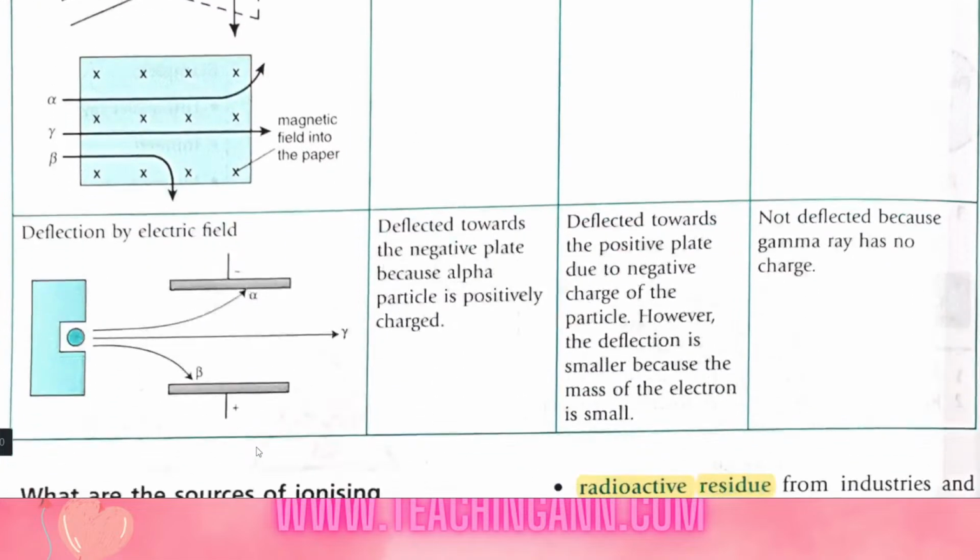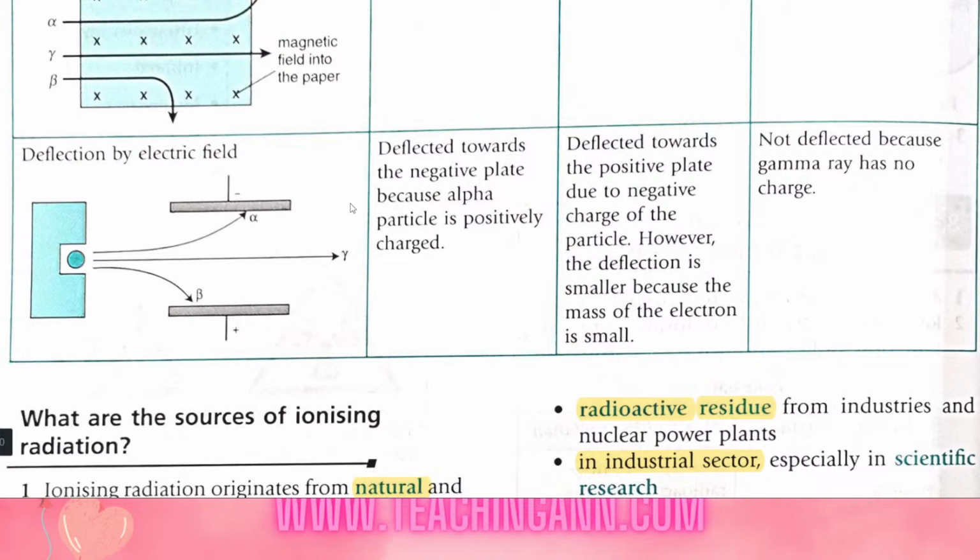Now deflection by electric field. Alpha particle, because it is positive, will be attracted to the negative plate. Beta will be attracted to the positive plate, but why does beta deflect faster than alpha? Because beta is smaller, so its speed is faster.